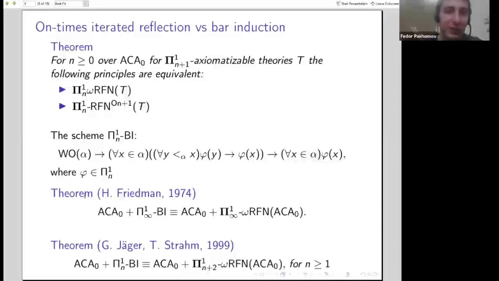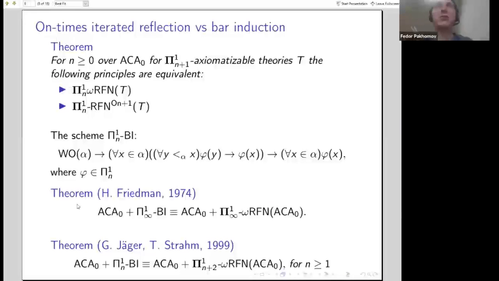Namely, there was this connection between omega model reflection and bar induction. The scheme of Π1n bar induction is simply the scheme that, if you have some ordering in second order arithmetic, then you could do induction for Π12 formulas on it.